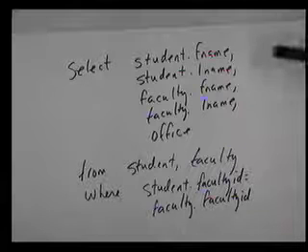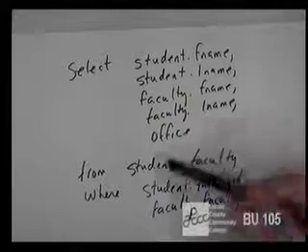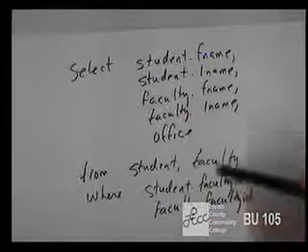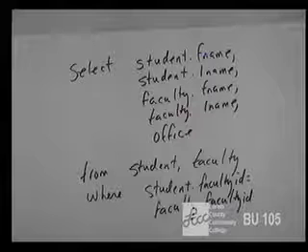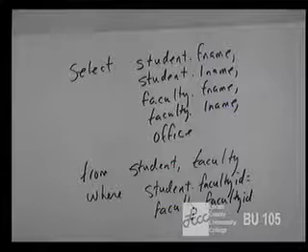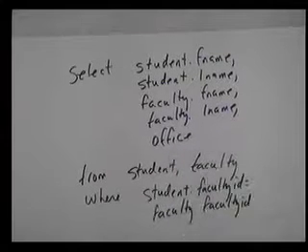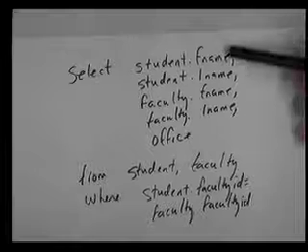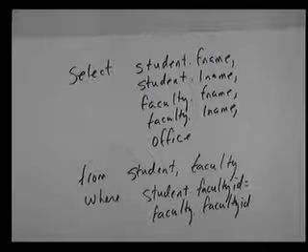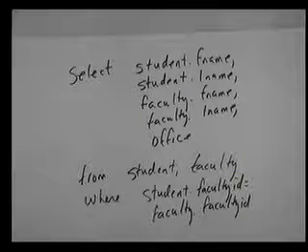So, in this case, fname and lname are column names in common between these two tables. Again, it doesn't matter if there are other tables in the database that have other column names. We're only interested in the tables that are being used in this SQL statement. But because fname and lname are used in more than one table, we have to fully qualify that, and we have to do that by putting the table name in front of the column name.